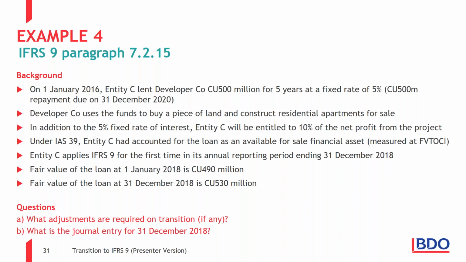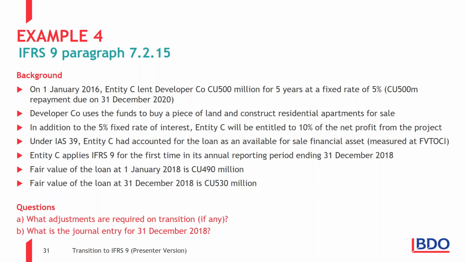Now, in addition to that 5% fixed interest rate, Entity C will be entitled to 10% of the net profit from the project. Now, that's an important piece of information, because if you look at the SPPI test, solely for the purposes of principal and interest, you can see that Entity C doesn't meet that test, because they're not only going to get the principal amount of 500 million back and interest of 5%, they're actually going to get a portion of the profit of the project. So they can't meet the SPPI test.